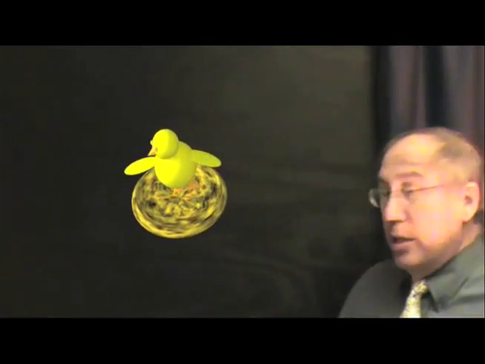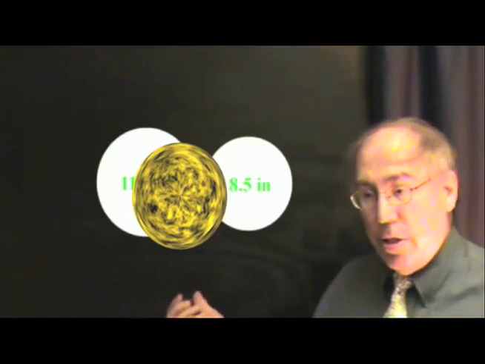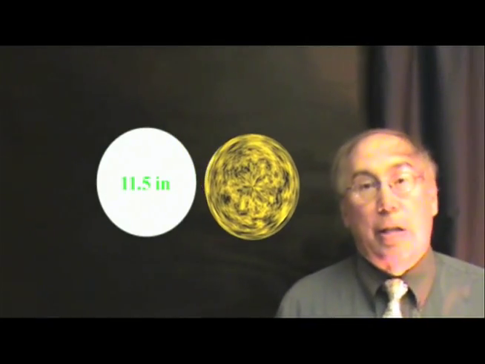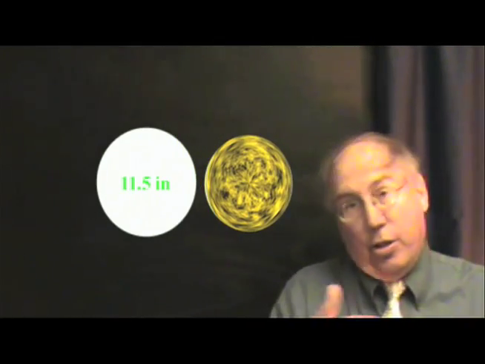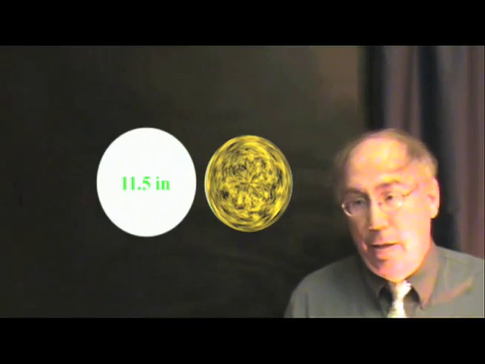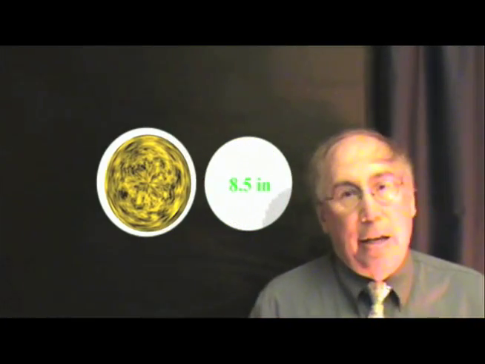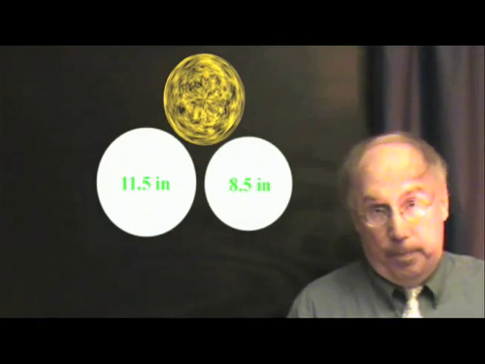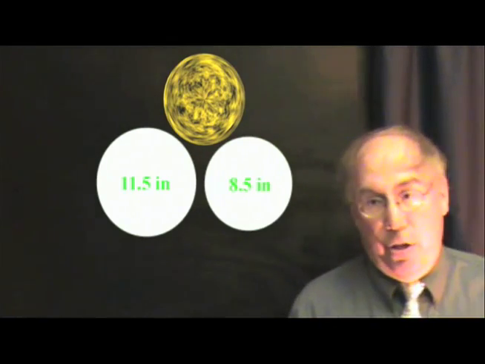So what we can do is set up an absolute value inequality that represents this situation. So let's build this up here. He'd be satisfied with a nest that was 8.5 inches, just subtract 1.5 from 10. Or he would be satisfied with a nest that was 11.5 inches, which would be 1.5 inches added on to the 10 inches.